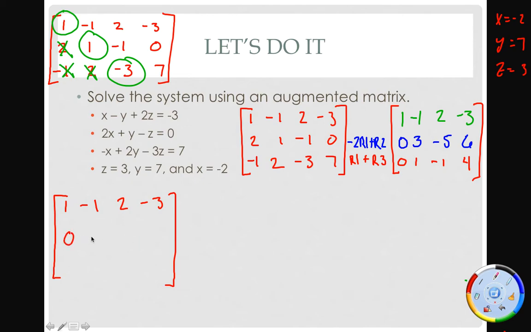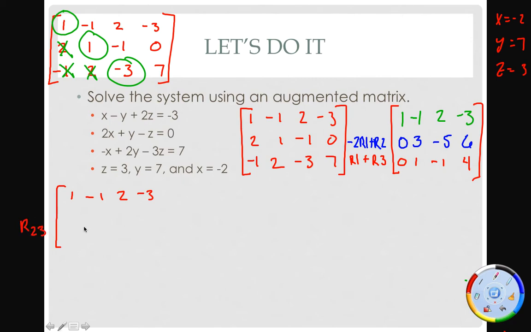I'm just going to say, okay, this is 0, 1, -1, 4. And this is, I'm going to make this a little bit smaller because I need a little bit more room. So let's say it's 1, -1, 2, -3. I'm going to swap row 2 and row 3. So you can put this here as a row 2, 3.